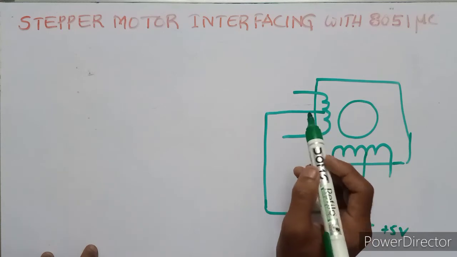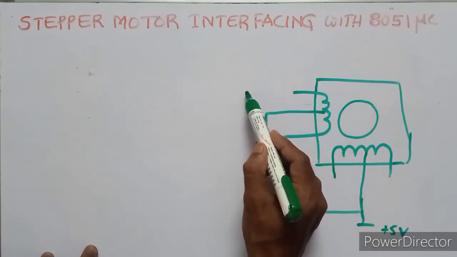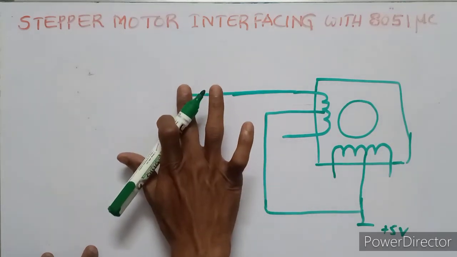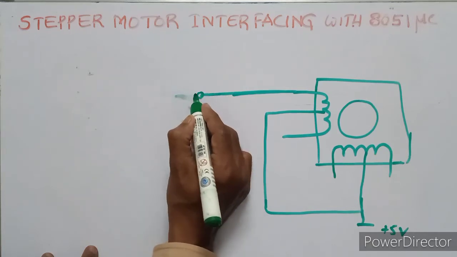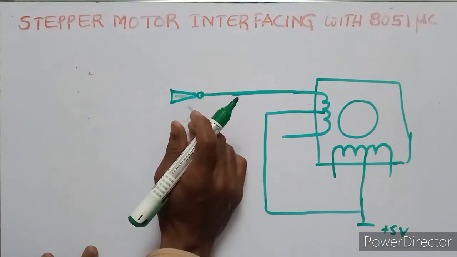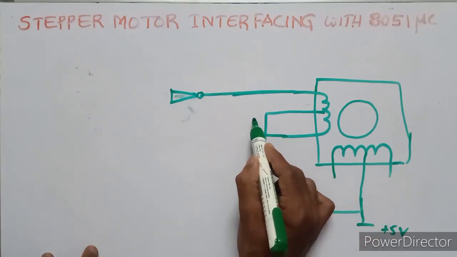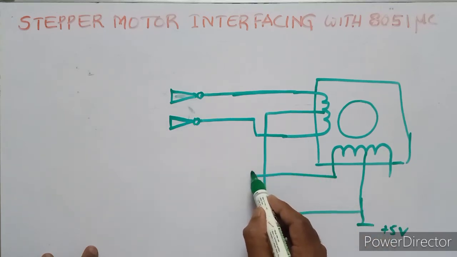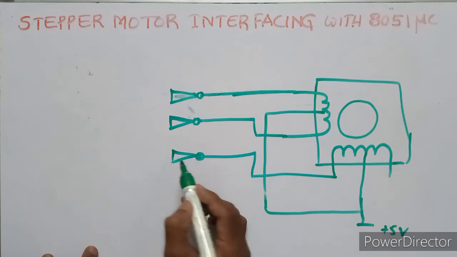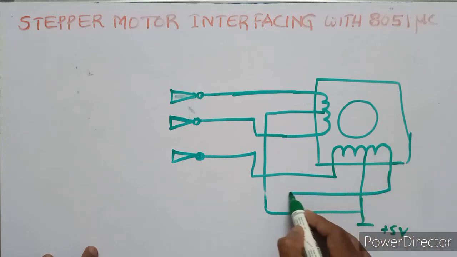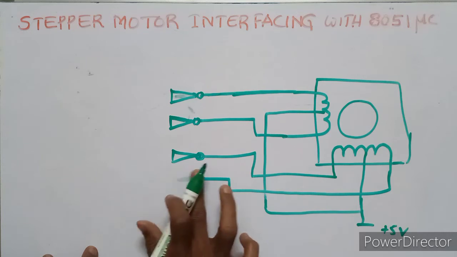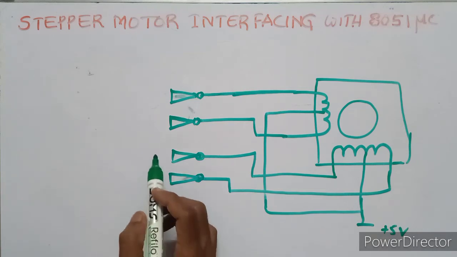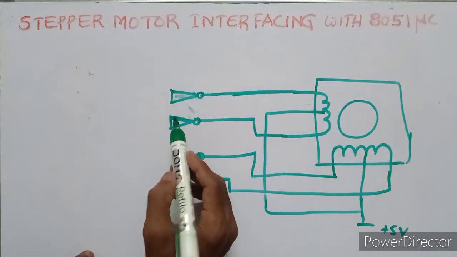Next, this is connected with complementary, all in the ULN box.